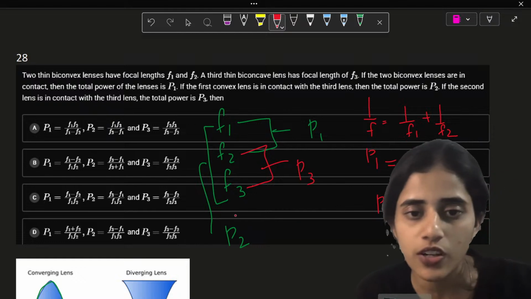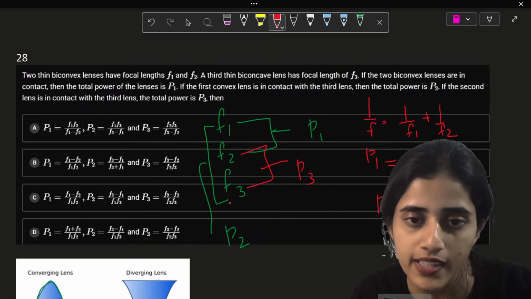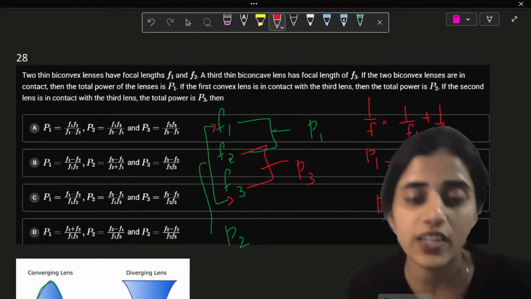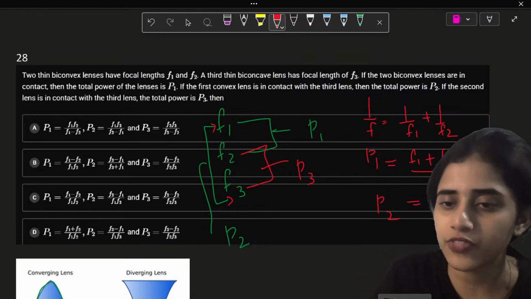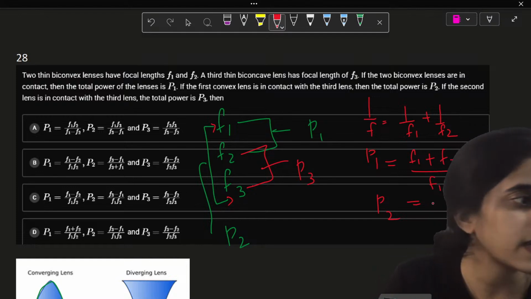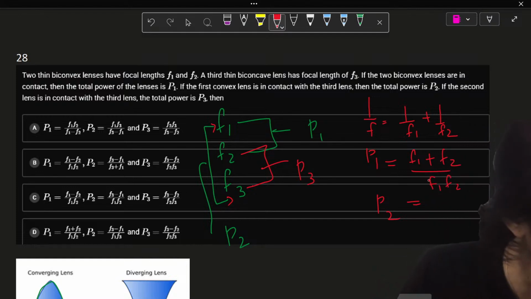P2 has f1 and f3. And should it be positive or negative? Okay, very important thing, students.